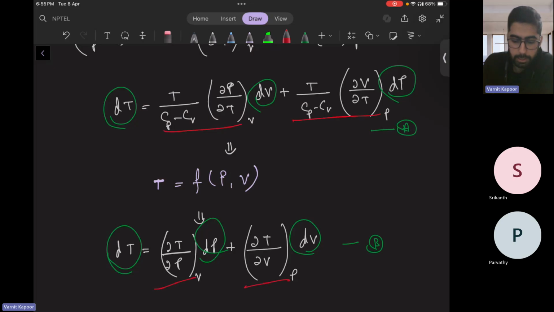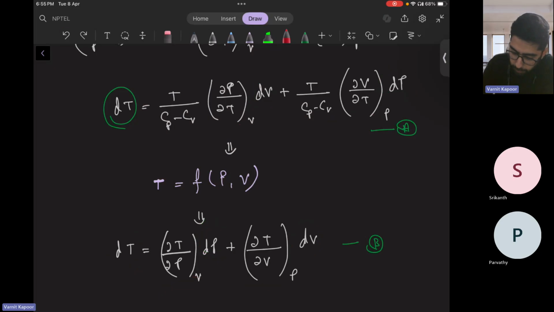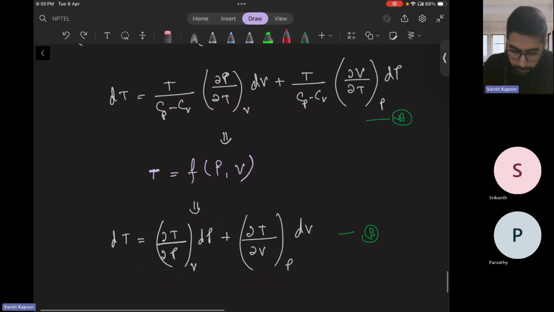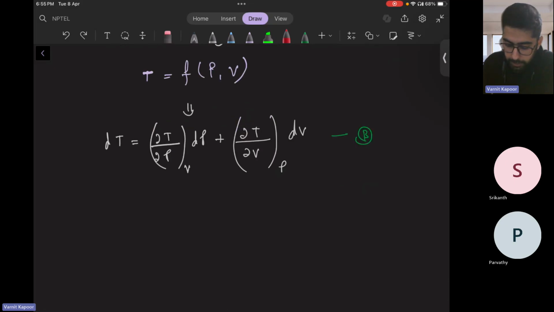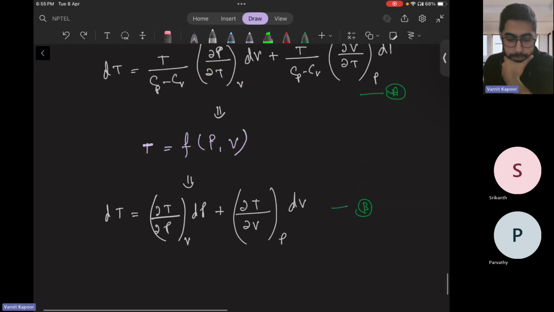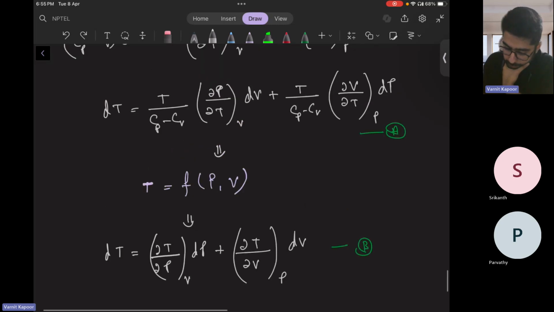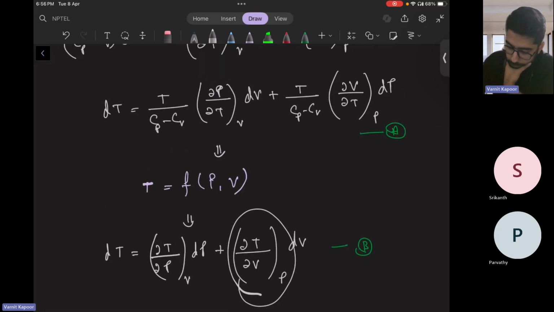Let us compare one by one each of these coefficients. First coefficient is dou T by dou V. This coefficient is of dV, so this will be compared with this.